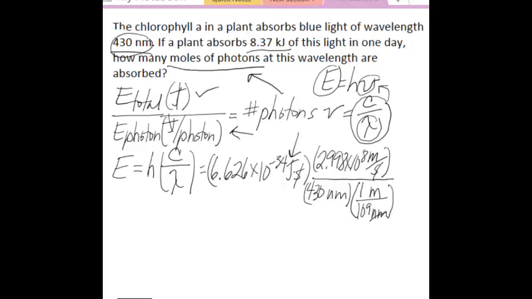And now nanometers cancel, meters cancel, and we're left with joules. So if you do the math here, you'll find that the amount of energy in one photon at this wavelength is 4.6197 times 10 to the negative 19 joules per photon.